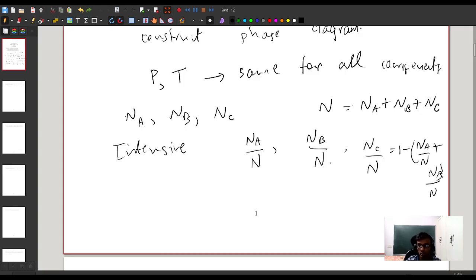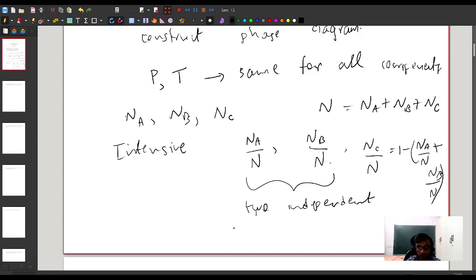So there are two independent mole fractions or concentrations, which are intensive quantities, and of course here we have two independent quantities.